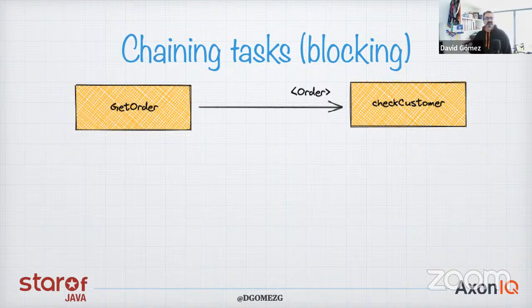But these two tasks are chained, because in order to check the customer, for example by invoking another microservice or another REST API, the customer ID comes when we have the full information from the order. So we first need to get the order, and once we have all the information on the order, we are going to check the customer.